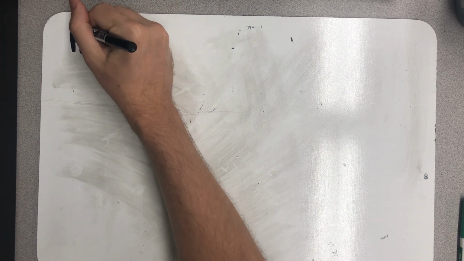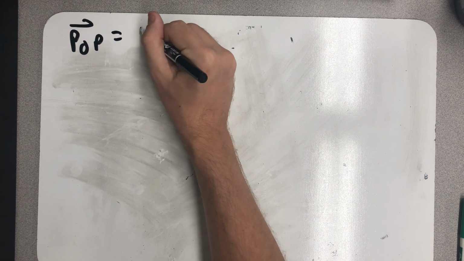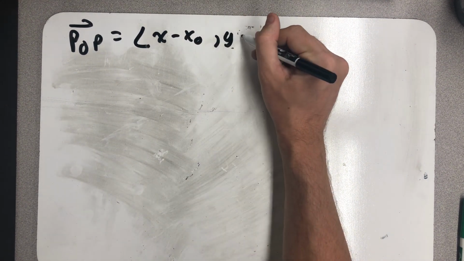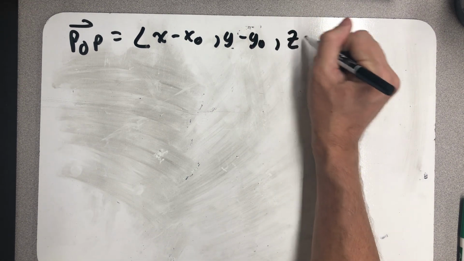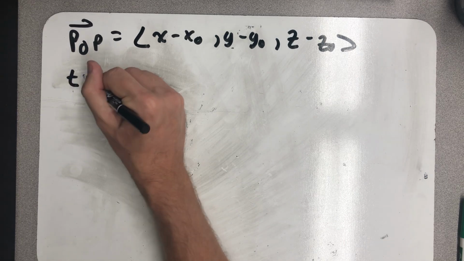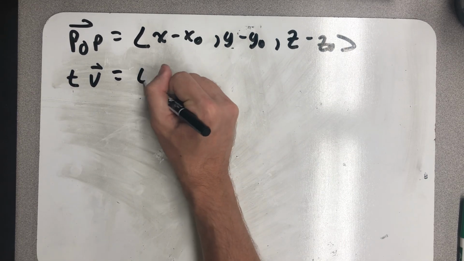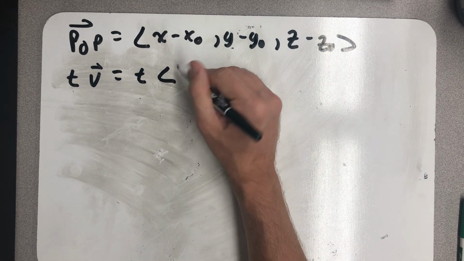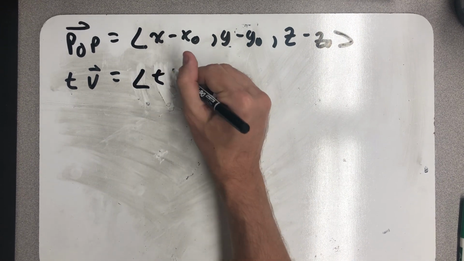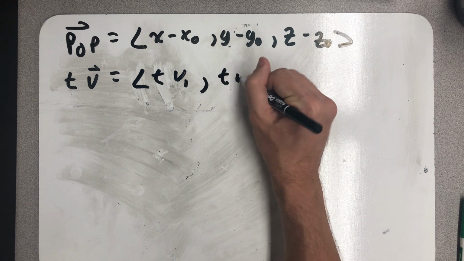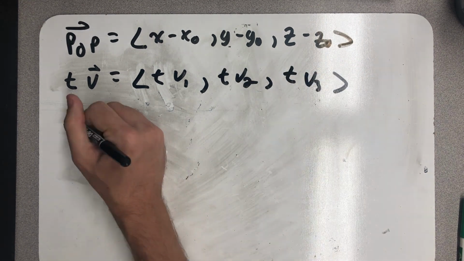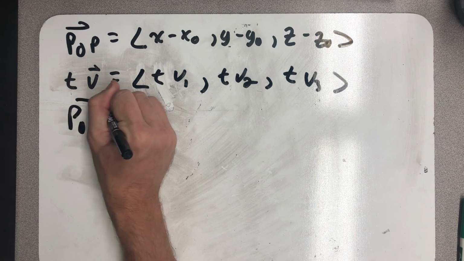The vector P naught P is x minus x naught, y minus y naught, and z minus z naught. The vector tv, well, let's distribute: t times the vector v would be tv1, tv2, tv3. Well, I have an equation that says those two vectors are equal.